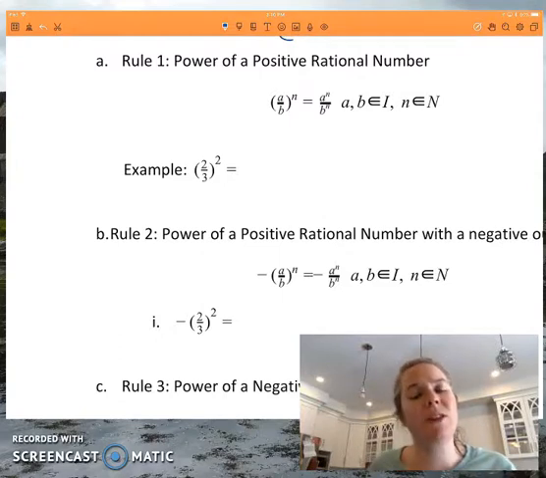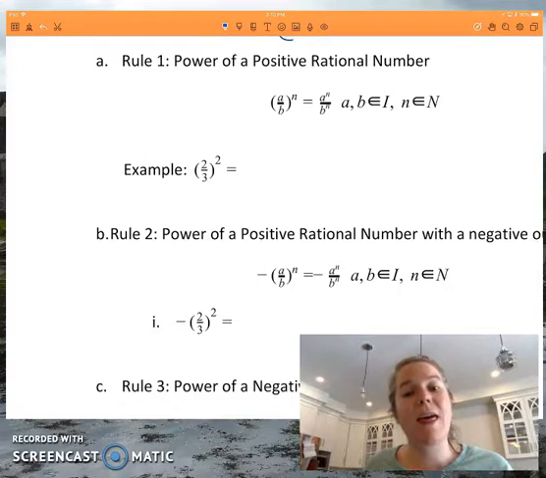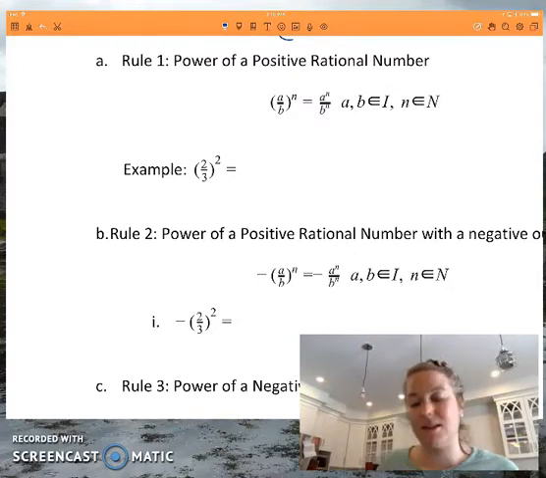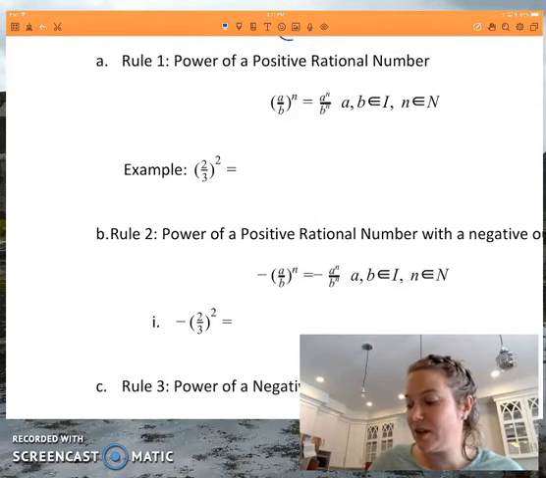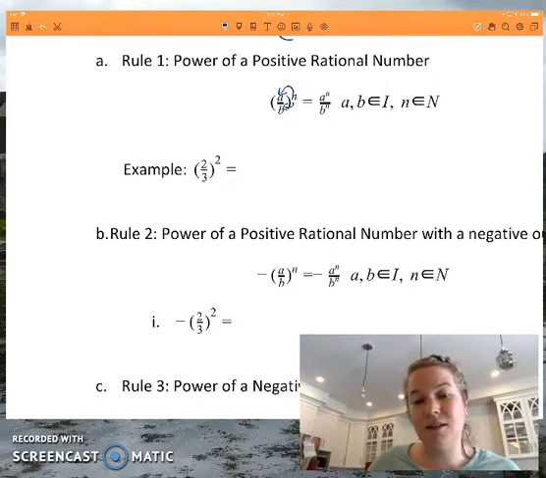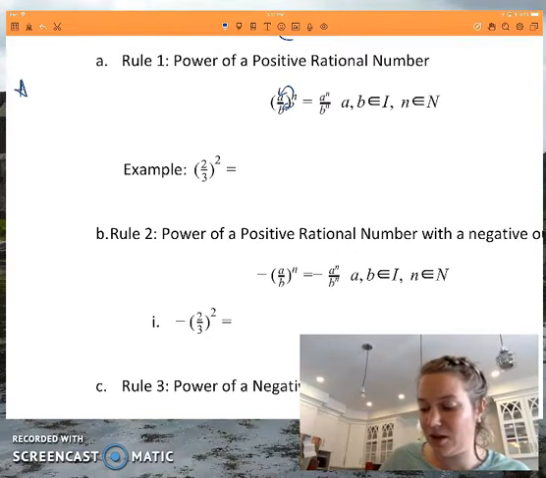Now, what you need to remember with taking the power of a rational number is the exponent is applied to everything inside the brackets. So in this first example, the exponent is applied to both the numerator and the denominator. So I'm going to put that over here.